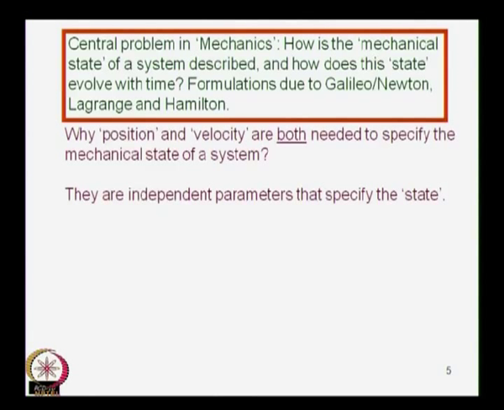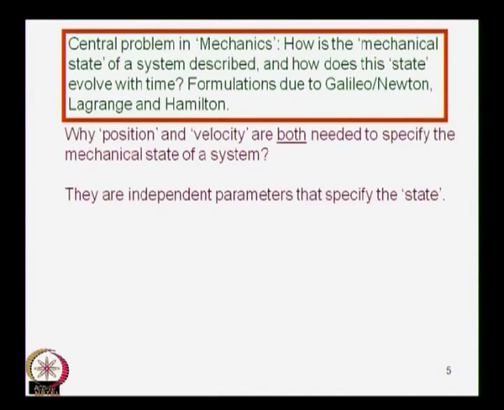And sometimes a few students have some difficulty with this idea, because velocity of course is the time derivative of position. So, it bothers them that, okay, is it really an independent parameter, and if so, what is it that makes it an independent parameter?